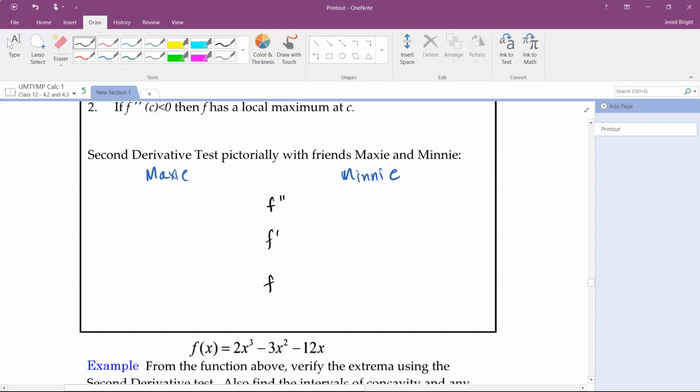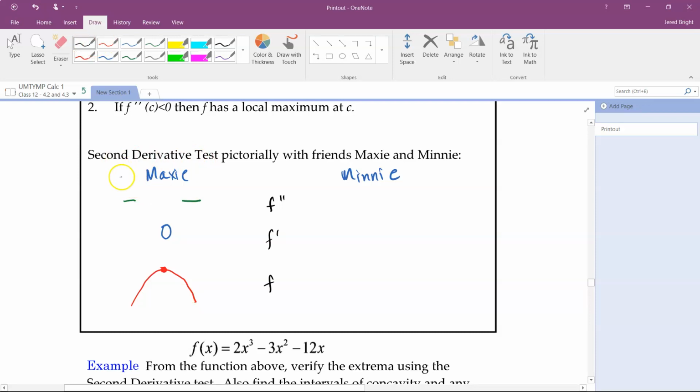What I know is that if I have a local max, the function is going to look something like this, and there's my maximum value. At that maximum value, the derivative is 0, and the second derivative is going to be negative because the function looks concave down. So there's my friend Maxi.